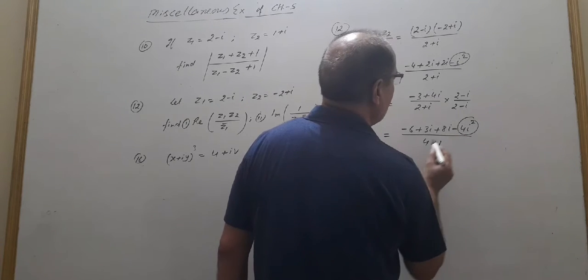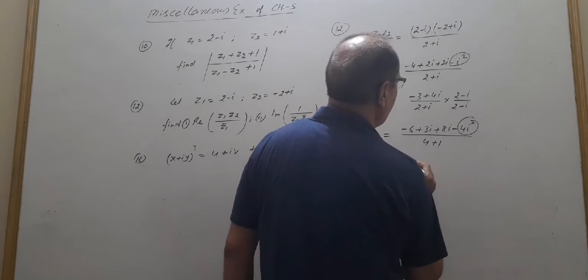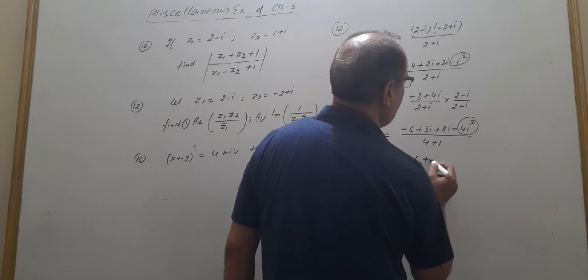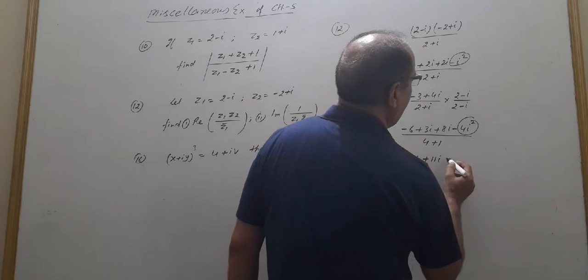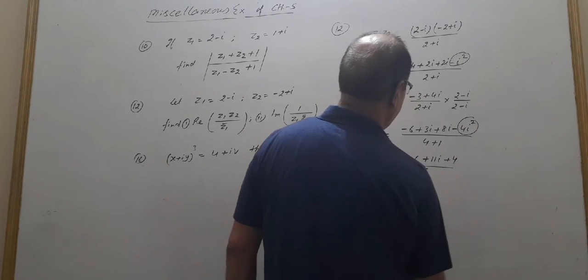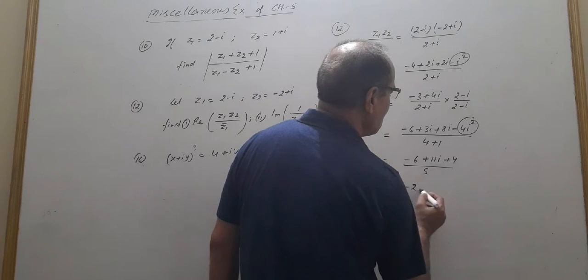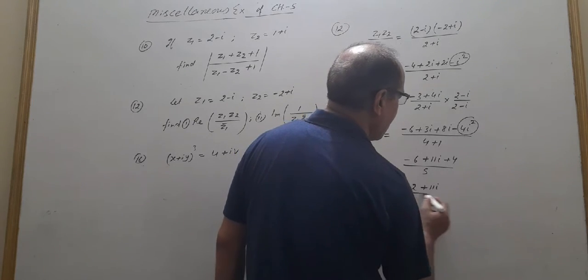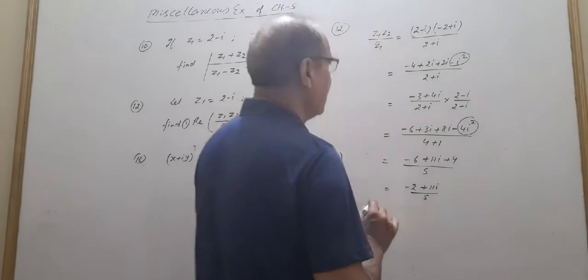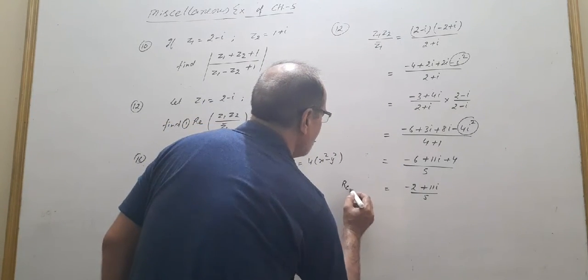So this is minus 6 plus 11 iota plus 4, divided by 5. Therefore, this can be written as minus 2 plus 11 iota upon 5. After simplification, our problem is how to find the real part of this.